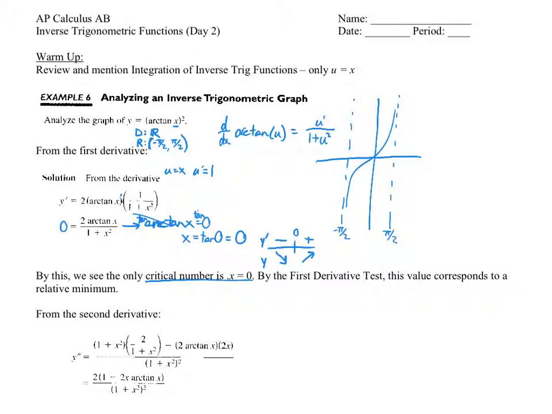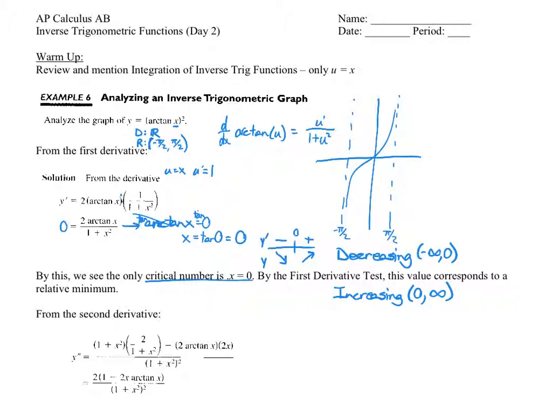So the interval of decreasing does go from negative infinity up to 0, and then it is increasing from 0 to positive infinity.